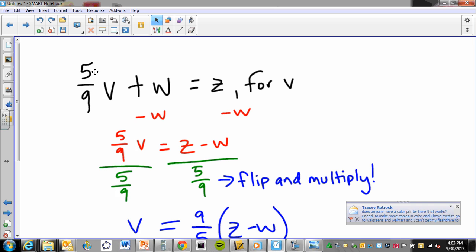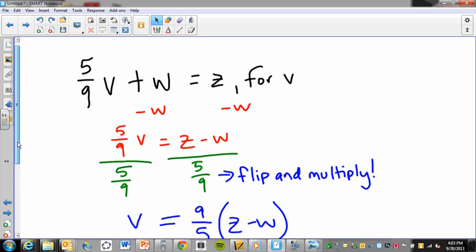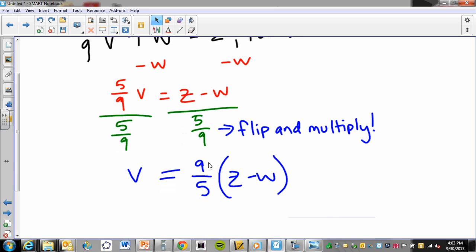All right, this one says 5 over 9 times V plus W equals Z. And of course, we are going to solve for V. So let's move the W to the other side. Subtract W, subtract W. These don't combine at all, so it's just Z minus W equals 5 over 9 times V, 5/9 V. Well, we can still divide by that whole fraction.